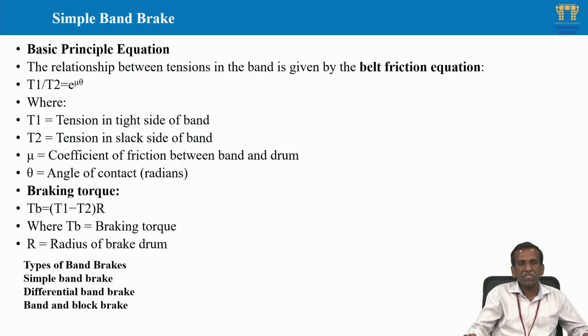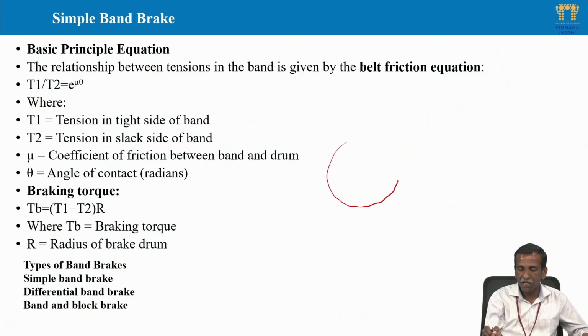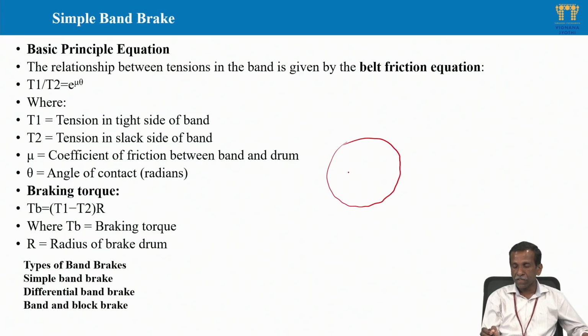So this is the configuration, how the band is wrapped around the wheel or drum: steel or leather belt which is wrapped around the drum.